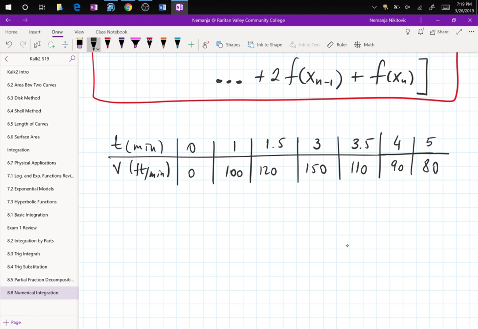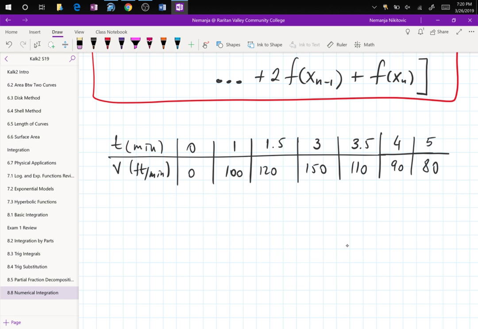We don't get to use an overall delta x here because they're different as you jump from one to another. So instead we're going to calculate each one of these separately. Here is my number 1, here is number 2, and then number 3, and so on.